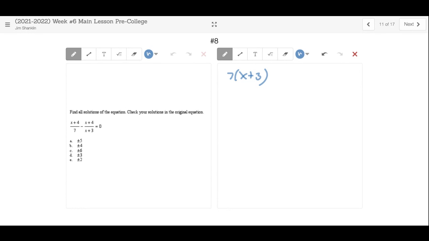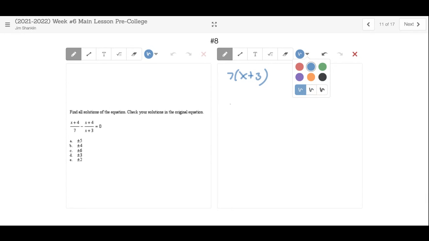All right, let's go through this one. So now what I would have done is I would have multiplied every single term by 7 times x plus 3. So I'm going to write out the problem first. Let's see if I can make this a little bit thinner here. I don't know if I can or not. Let's try this one.